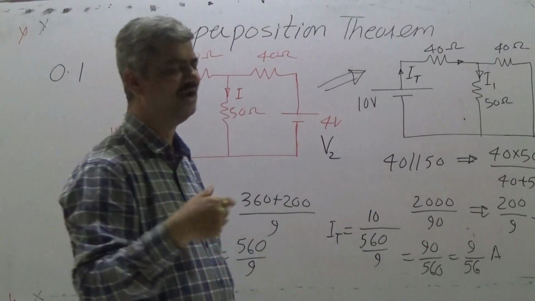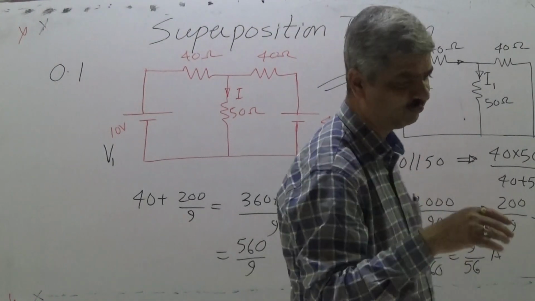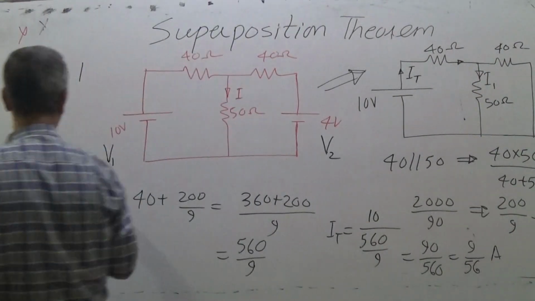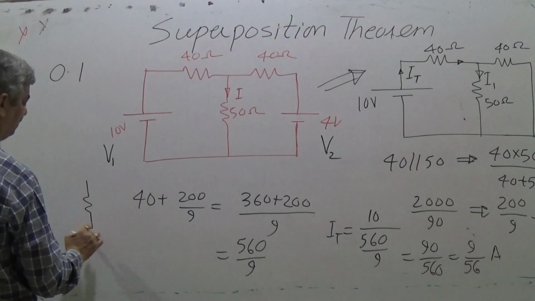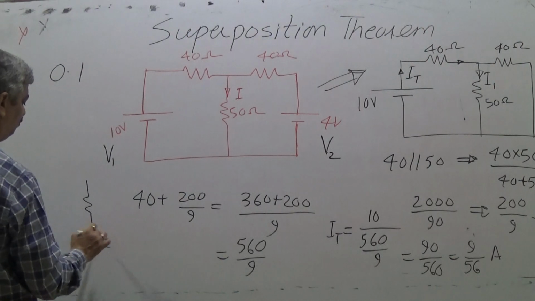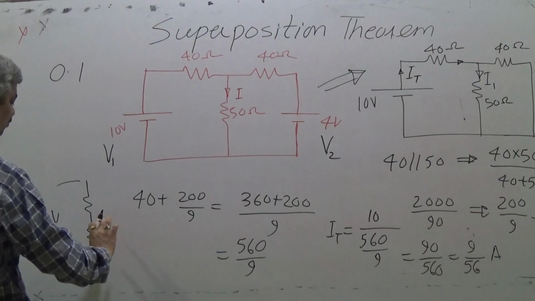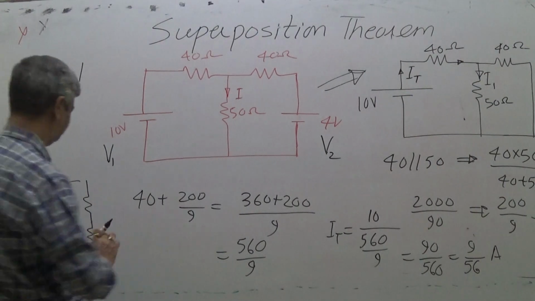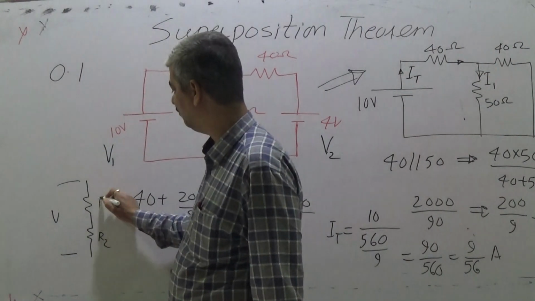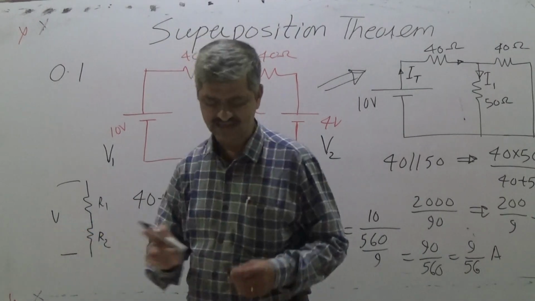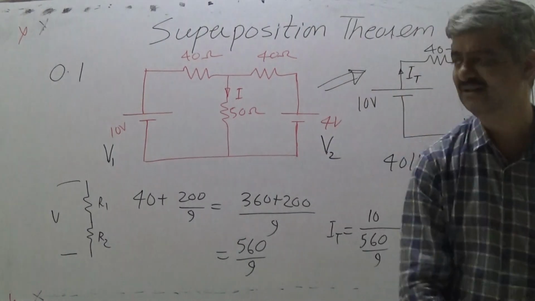Like the voltage divider rule, there is a current divider rule. In the voltage divider rule, what we have got? When you want to take voltage across this R2, if the total voltage is V, then voltage across this is R2 upon R1 plus R2 into V. Whereas in the current divider rule, it is simple.